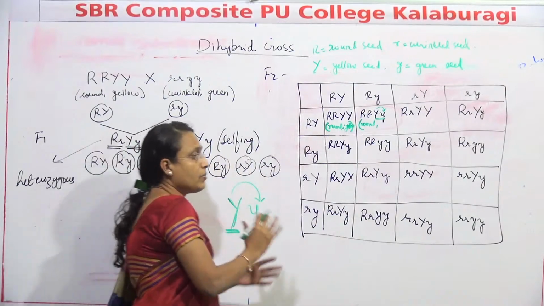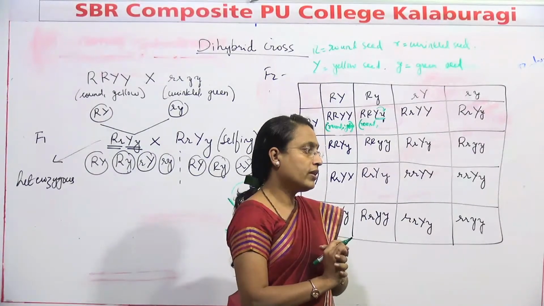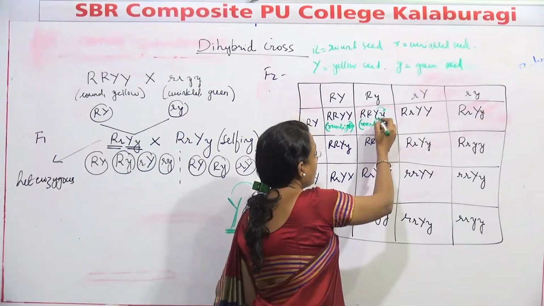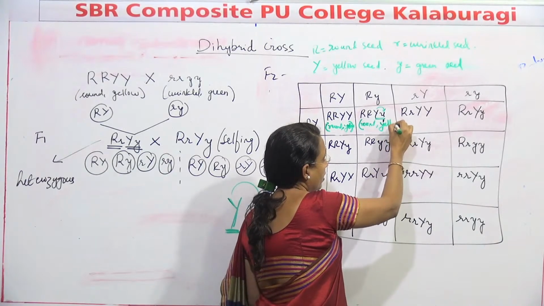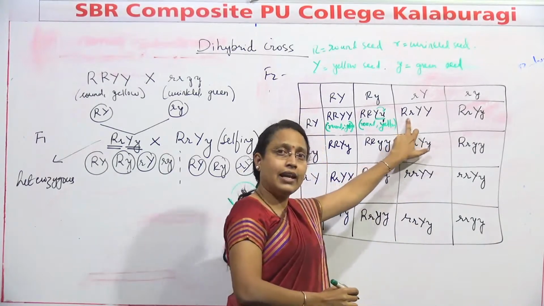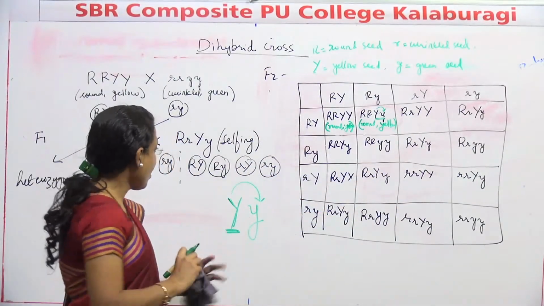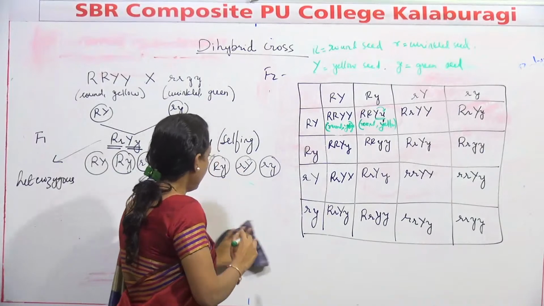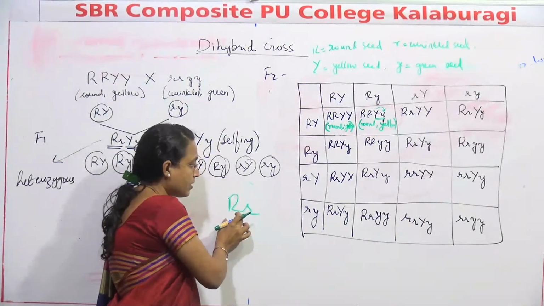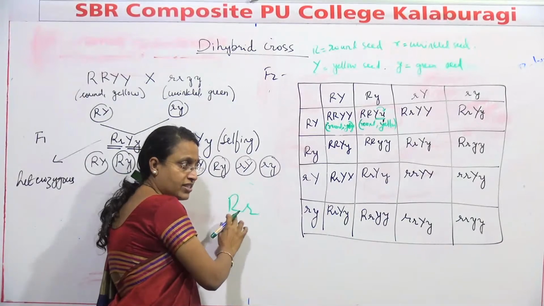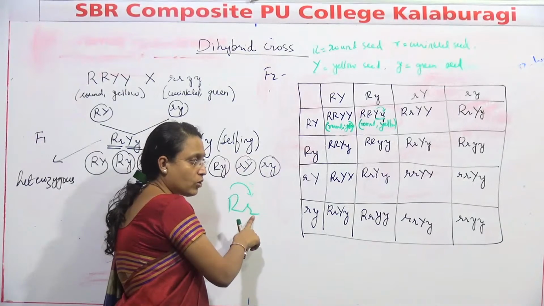So when it comes to heterozygous condition, that time you have to be careful in knowing the phenotype. So here what is the phenotype? Capital Y's phenotype comes here, that is yellow. Now here you can see R is in heterozygous condition. So here also you have to notice which is dominant and which is recessive. Capital R is dominant over small r.